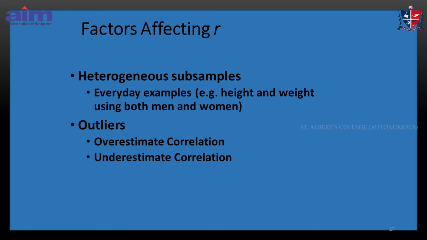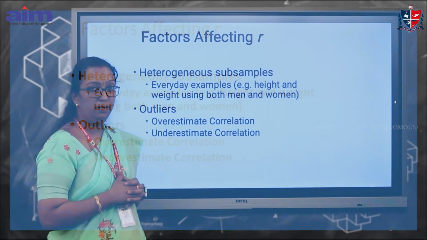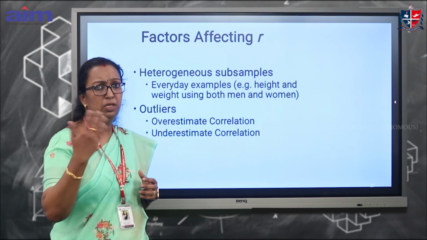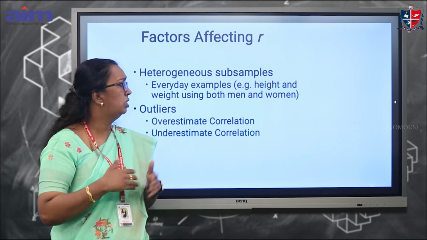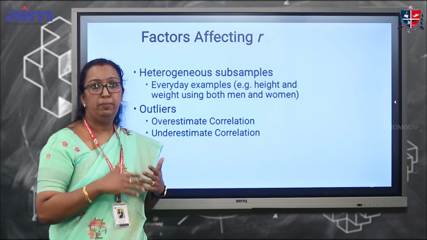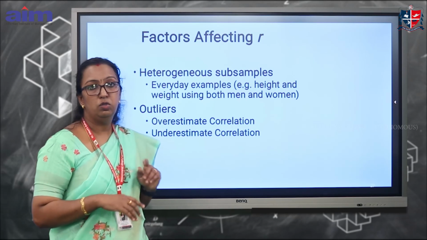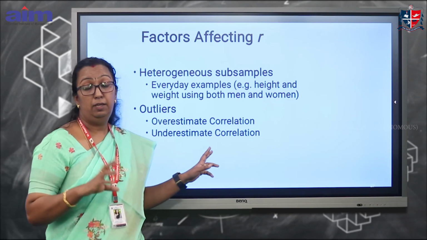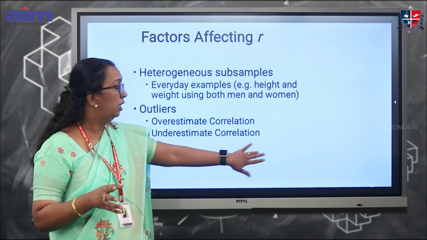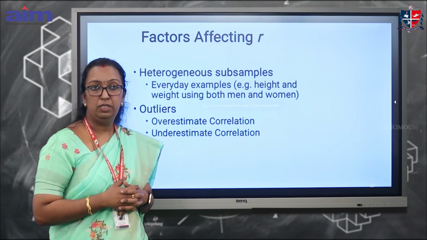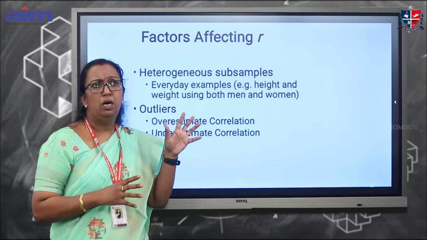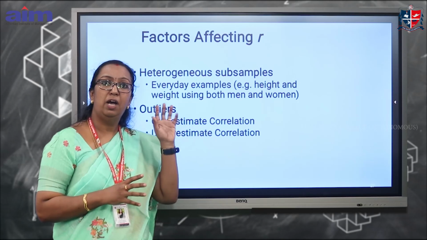And if it is heterogeneous samples, like the everyday samples that you take between height and weight, between men and women, these kinds of data will also affect R. And if there are outliers, then also it will affect R. So these are some of the reasons or factors which affect the R value.